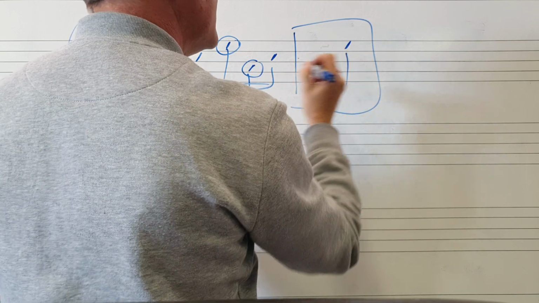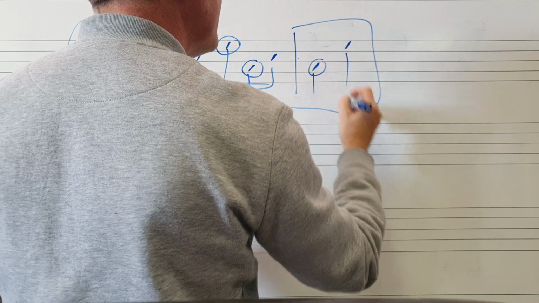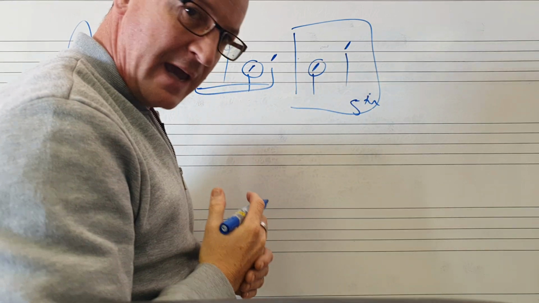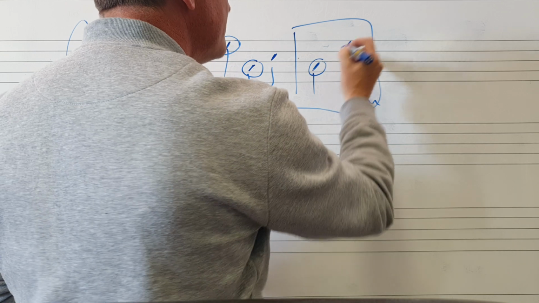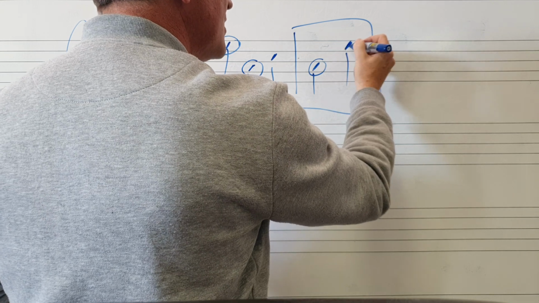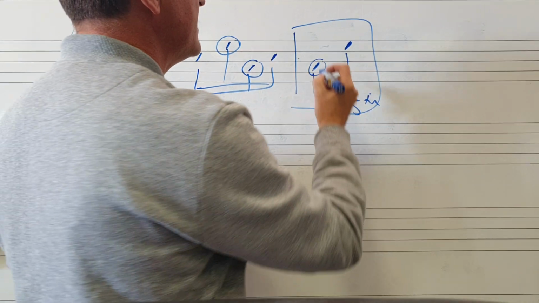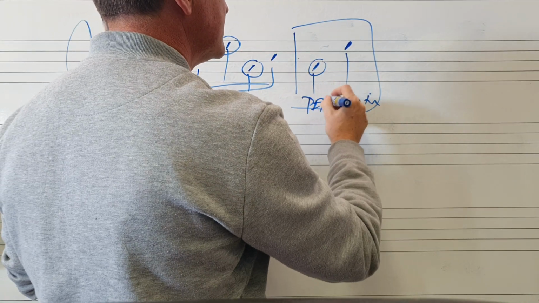Right. Step 1, 1, 2, 3, 4, 5. That is a fifth. This is the key of A major. It has 3 sharps. This does not get a sharp in A major, therefore it is in the key of A major, and if it is in the key of A major, it is a perfect fifth.